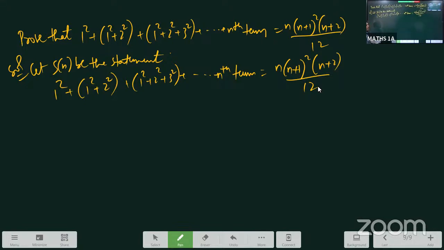That is your nth term. Now, how to find the nth term? See here. So your nth term is nothing but bracket of.